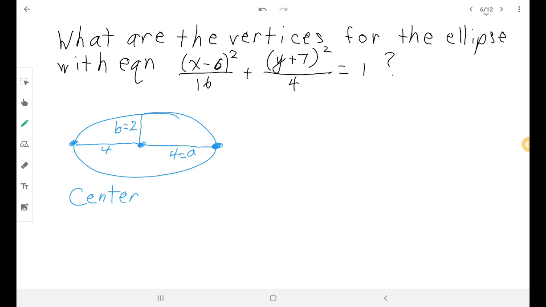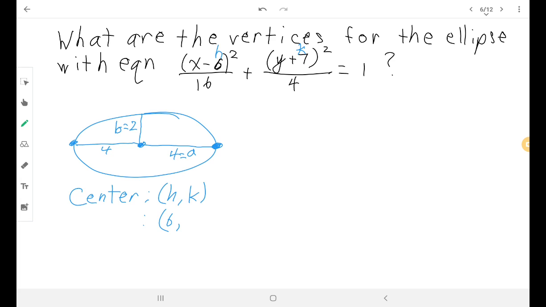So where is the center? Well, the center is at h, k, and there's h, there's k. So, let's be a little more careful here. It's x minus h, so h is 6, and it's y minus k.